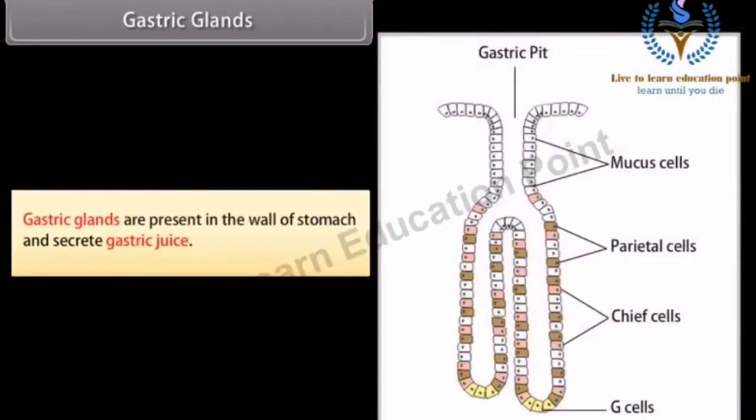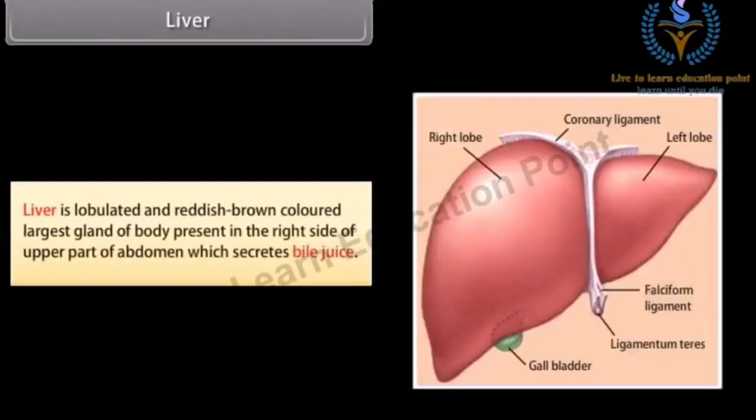Gastric glands. Gastric glands are present in the wall of the stomach and secrete gastric juices. Liver. Liver is a lobulated, reddish-brown colored, largest gland of the body, present on the right side of the upper part of the abdomen, which secretes bile juice. Pancreas.